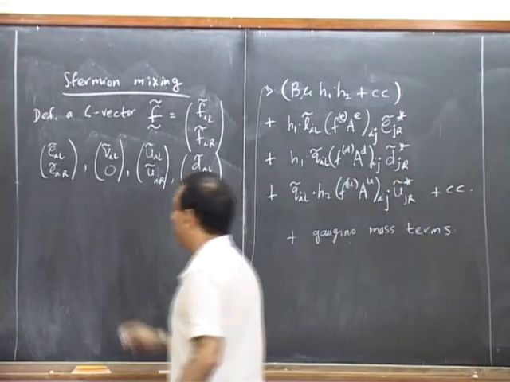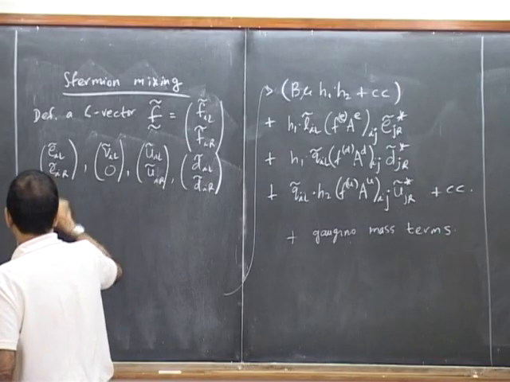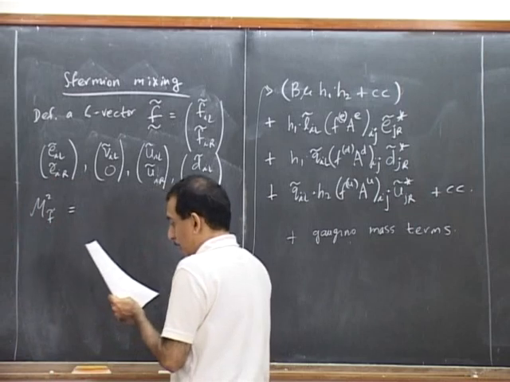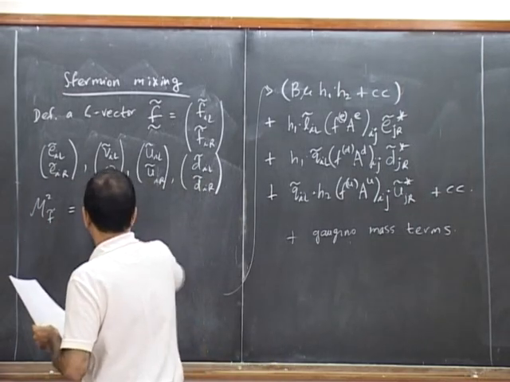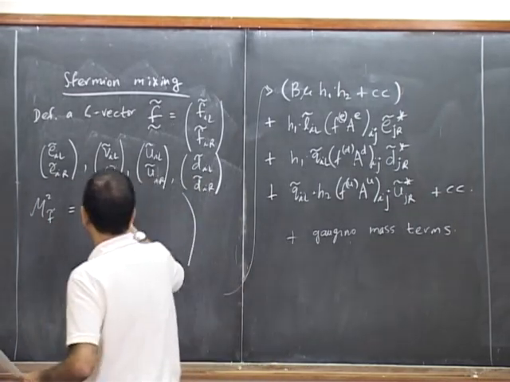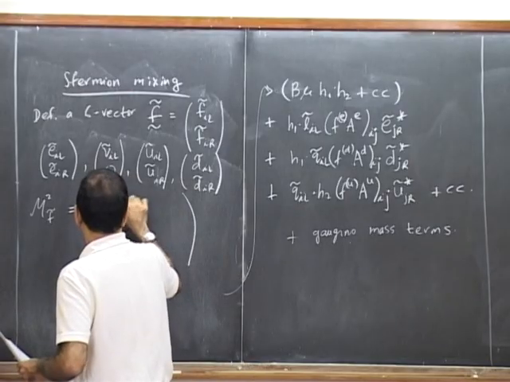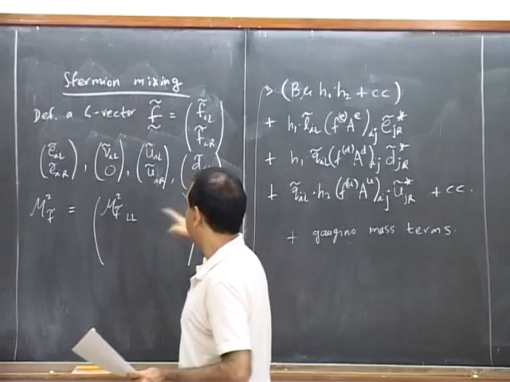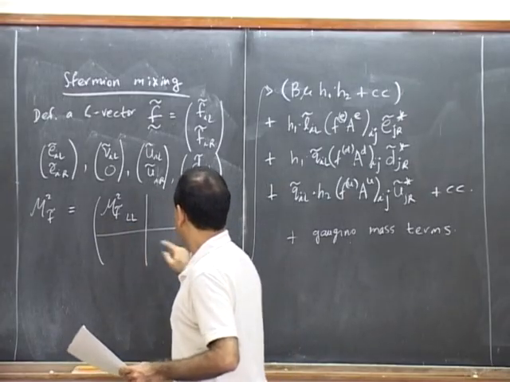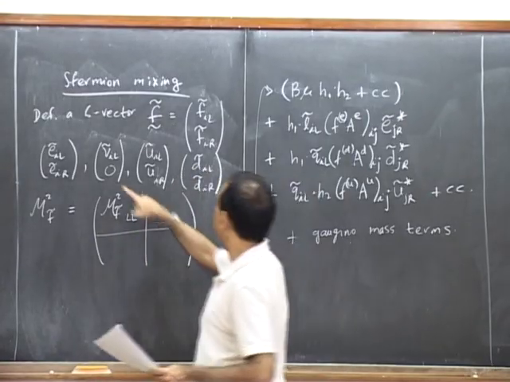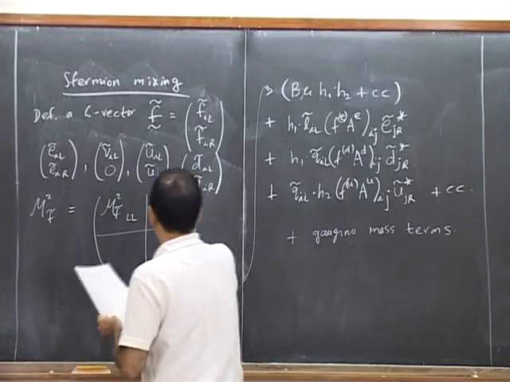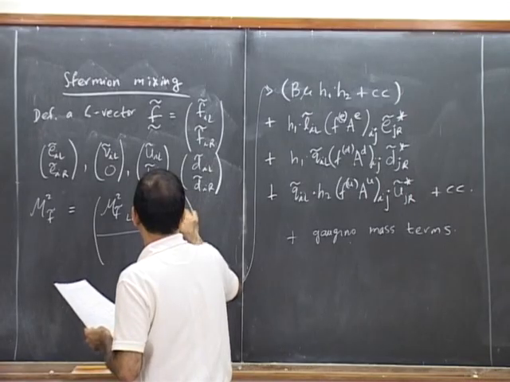Okay. So what would be the generic mass matrix? We call it M_F tilde squared, and this can be thought of as a matrix which has a left component. This is a 6 by 6 matrix which I am writing as 3 by 3 blocks, and it acts on this, which is divided into 3 plus 3 elements. So I think the notation is pretty obvious.